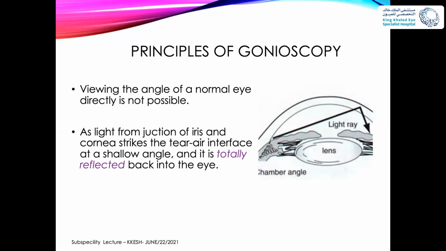To visualize this critical junction is not possible with the naked eye, because due to the shallow angle the light is reflected, and therefore this image will be totally internally reflected back into the eye.